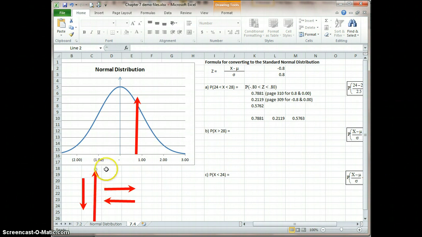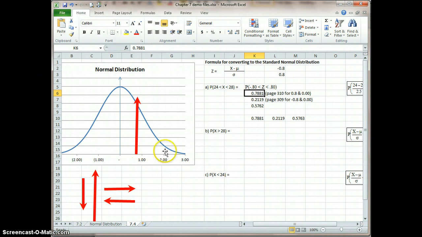We know that the 28 value is the 0.8. We know that 0.7881 was the probability covering everything from here over to here.